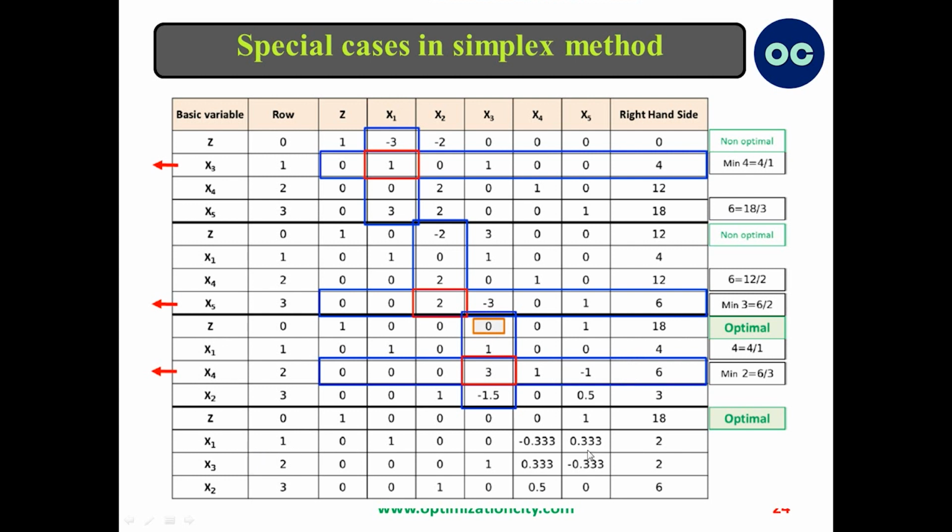The fact is that at least one of the non-basic variables has a coefficient of 0. So in this table, you can see that the coefficient of x3 as a non-basic variable is equal to 0, and the coefficient of x4 as a non-basic variable is equal to 0. When this happens, you have multiple optimal solutions.